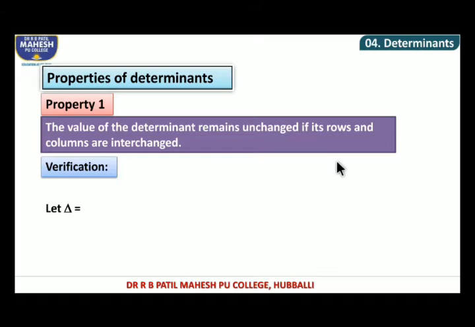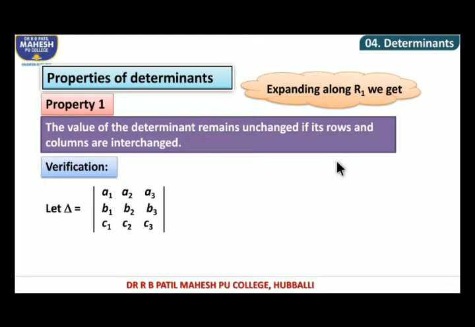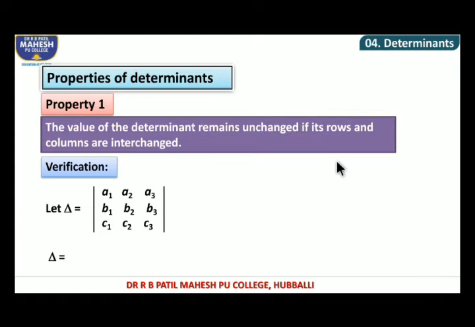So consider delta is equal to the determinant a1, a2, a3, b1, b2, b3, c1, c2, c3. Now expanding along R1, we get delta is equal to a1 into the remaining determinant, that is here b2, b3, c2, c3.